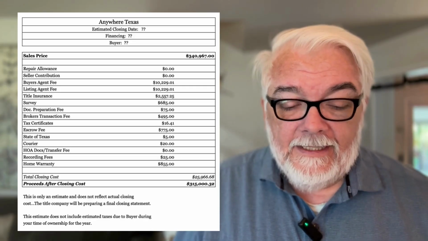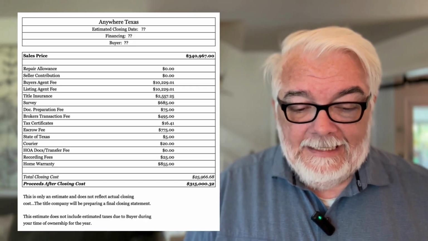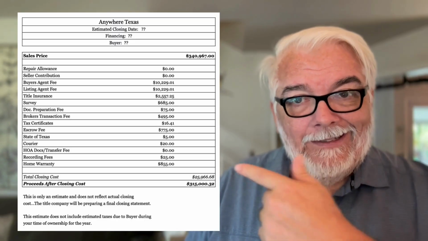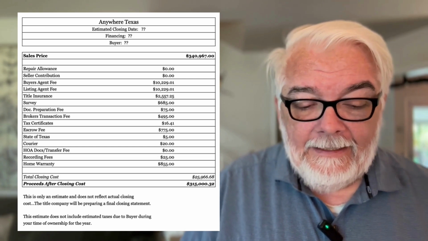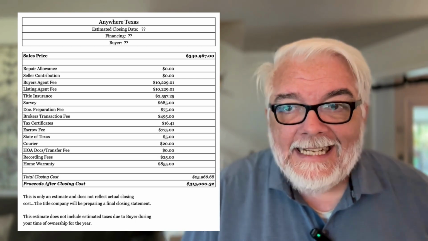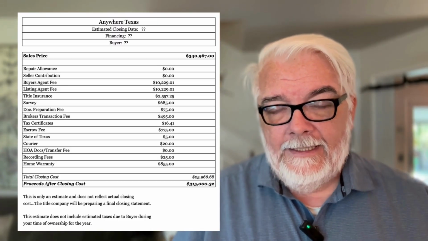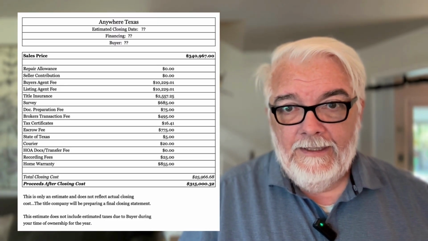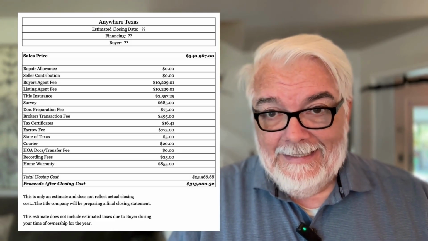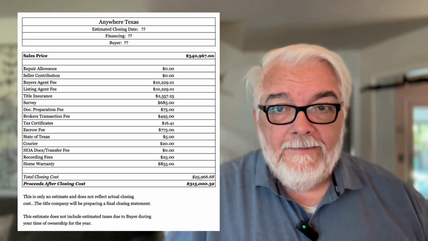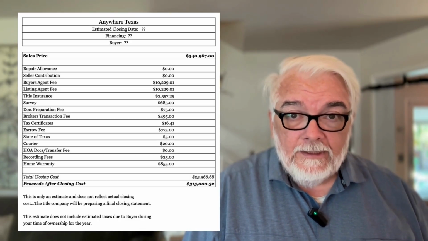Down at the bottom, you can see I do have all of the cost added up. That comes out to $25,966. Subtract that from line A, and you end up with the seller's estimated net proceeds. Now, there are two things that are not included in this estimate. One is the prorated property taxes. Some sellers have 100% disability because of VA, they're a veteran.